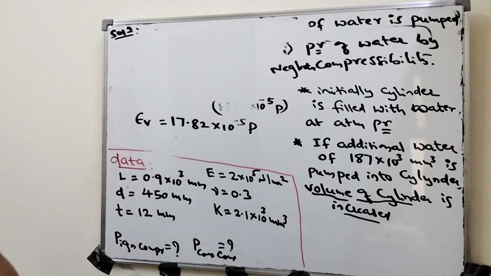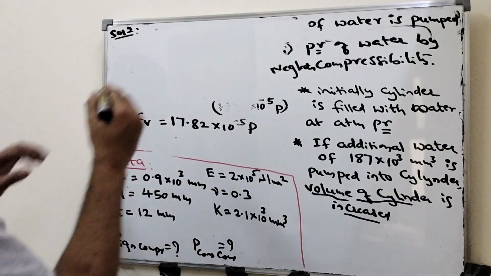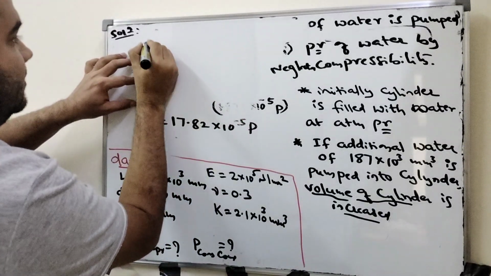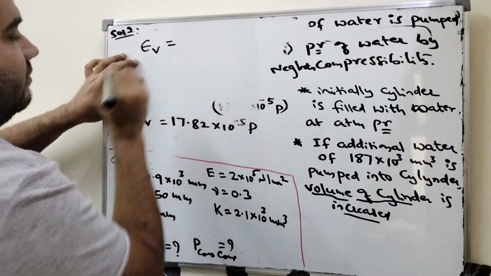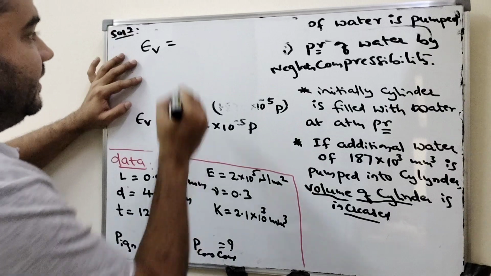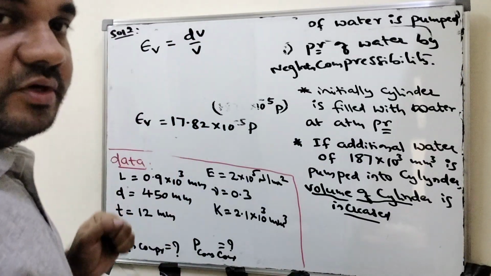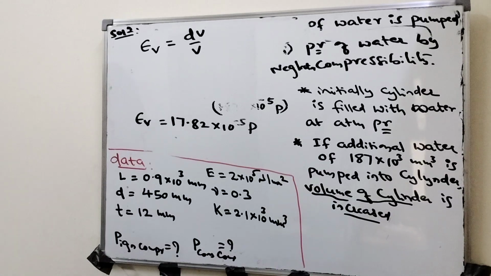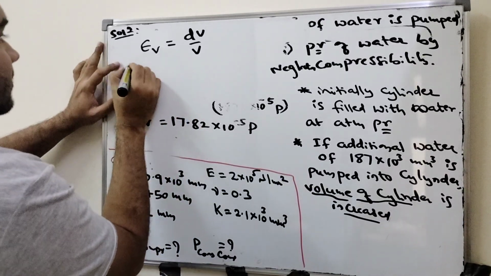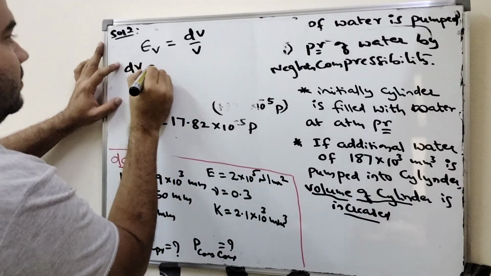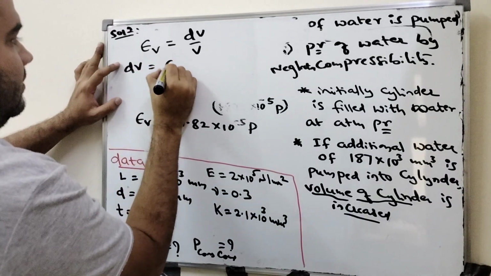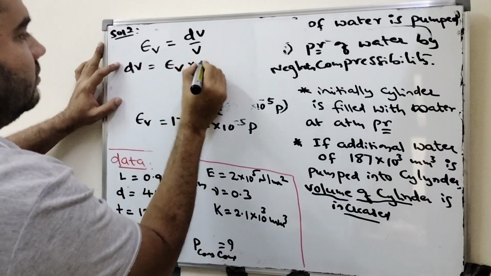we have to apply that, that is the volumetric strain. Normally for this one, the volumetric strain by neglecting the compressibility is the change in volume divided by original volume, right? So change in volume equal to volumetric strain into volume here.